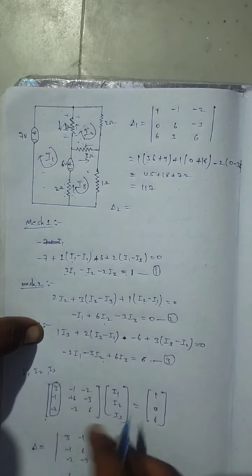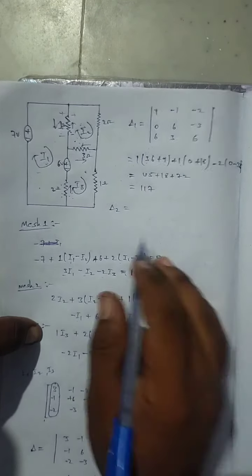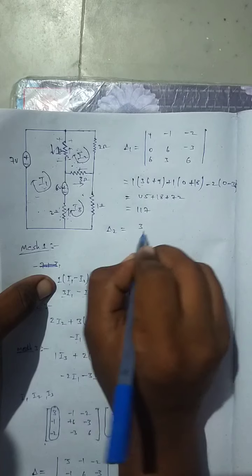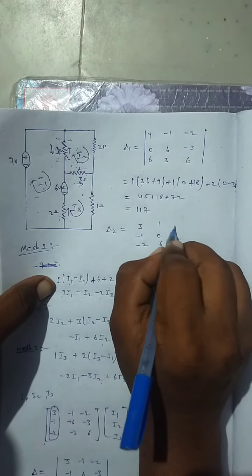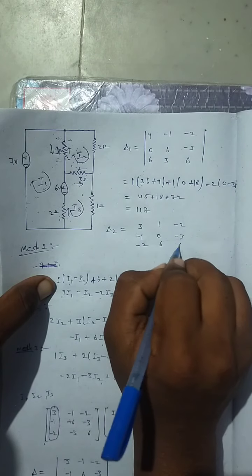Now delta 2 is equal to: the second column is replaced with 1, 0, 6. Now 3, 1, minus 2; minus 1, 0, minus 3; minus 2, 6, 6.